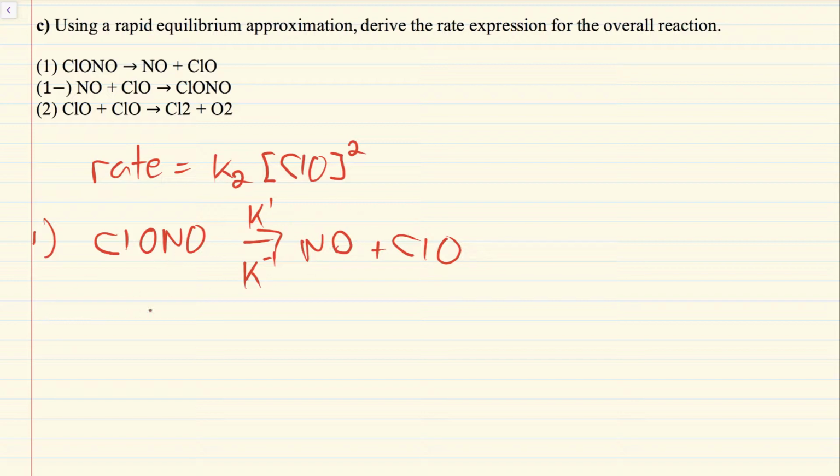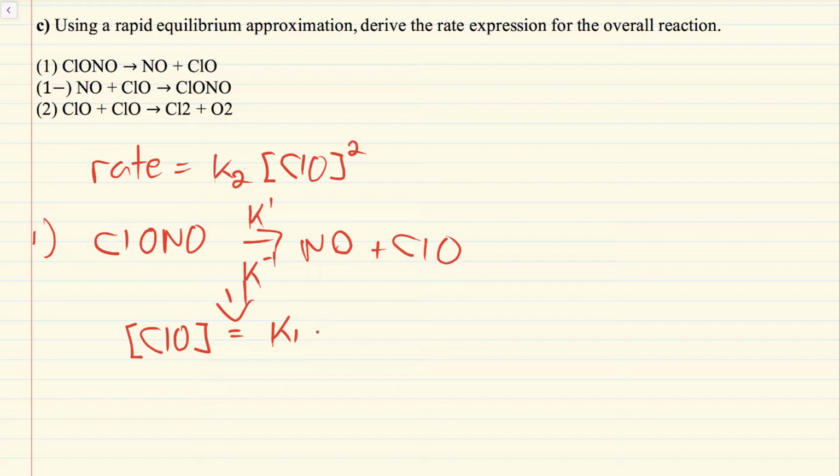So at this point we can isolate our ClO by dividing the left side by NO. So we can do the concentration of ClO is equal to K1, because remember we're going forward first prior to doing the isolation of ClO.